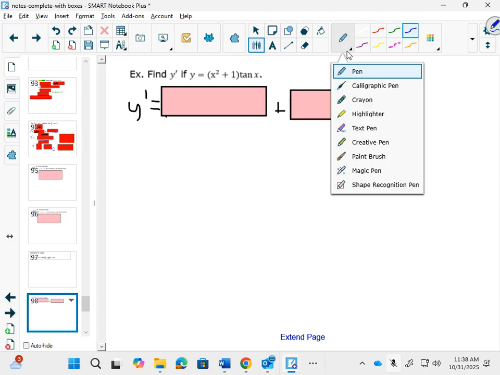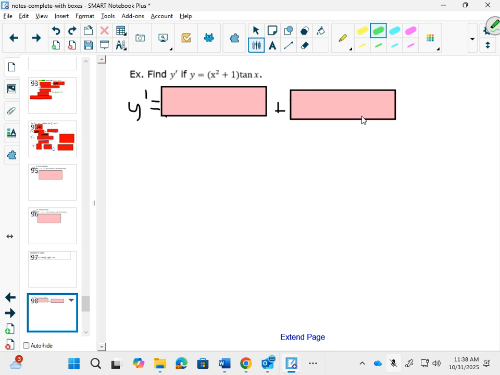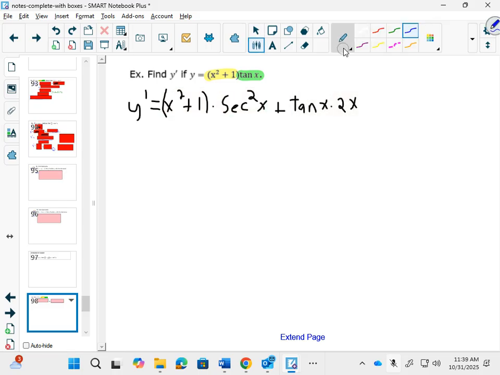So take out my highlighter. Yes, I have multiplication and I have this one times this one. So what is that shortcut? That shortcut says keep the first one the same. Multiply by the derivative of the second one, and that's our new shortcut.